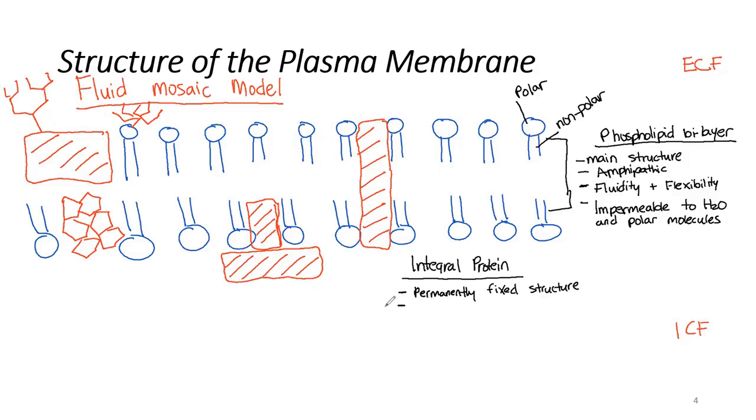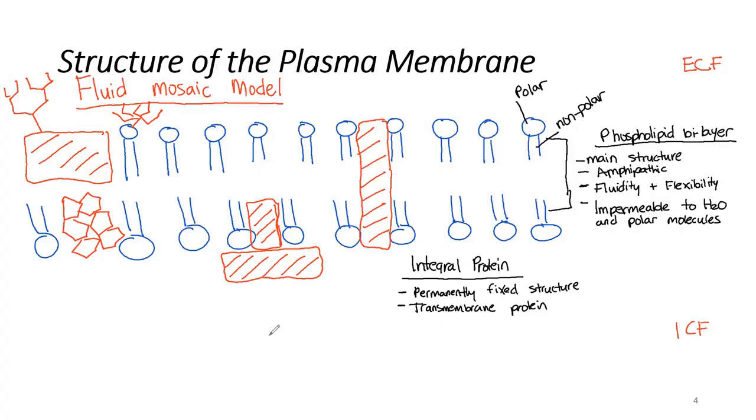It's a transmembrane protein as well, meaning that it spans both sides of the membrane. Okay, so our integral proteins are crucial to the structure of the plasma membrane. The cell will die if this protein is removed from the bilayer. And so this is integral to the function and structure of the membrane.